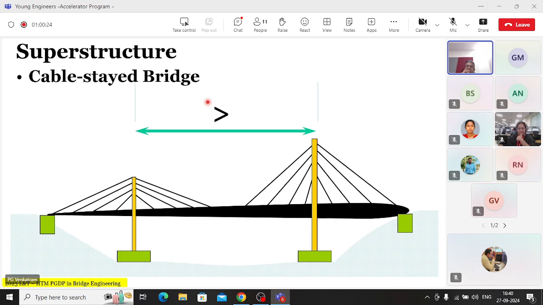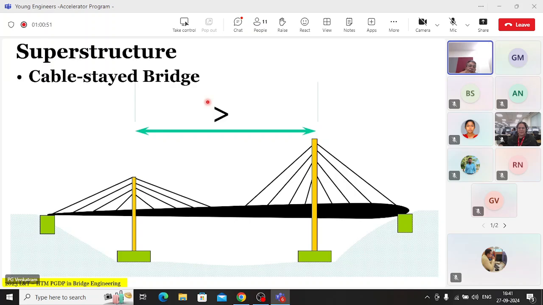Okay. Currently, do you know what is the longest span of such a bridge in India? No idea? No, I'm talking in India. First, we'll come to India. I know once you say a kilometer, I know you're generally aware of where it is located.